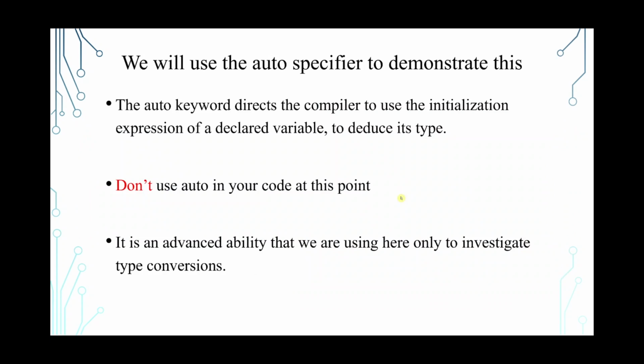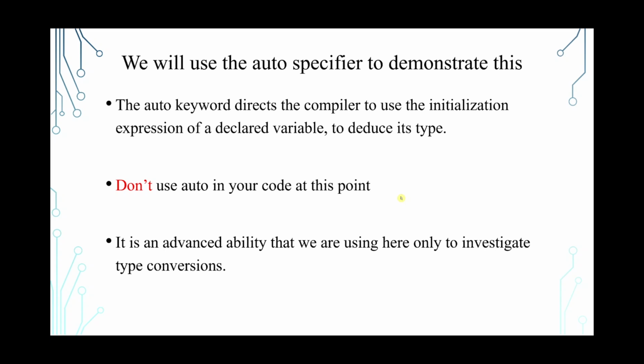Now, let's have some examples of the auto keyword. We will use the auto specifier to demonstrate this and to show you that the promotion we were talking about is actually happening. The auto keyword directs the compiler to use the initialization expression of the declared variable to deduce its type. So do not use the auto keyword in your code at this point.